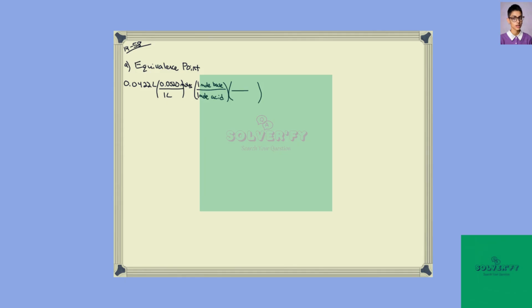Once we have moles of base required, we can divide by the molarity of the base solution, 0.0372 molar, and we will get the liters of base required to neutralize this volume of acid. And we can multiply by 1,000 to get milliliters, 58.99 milliliters.